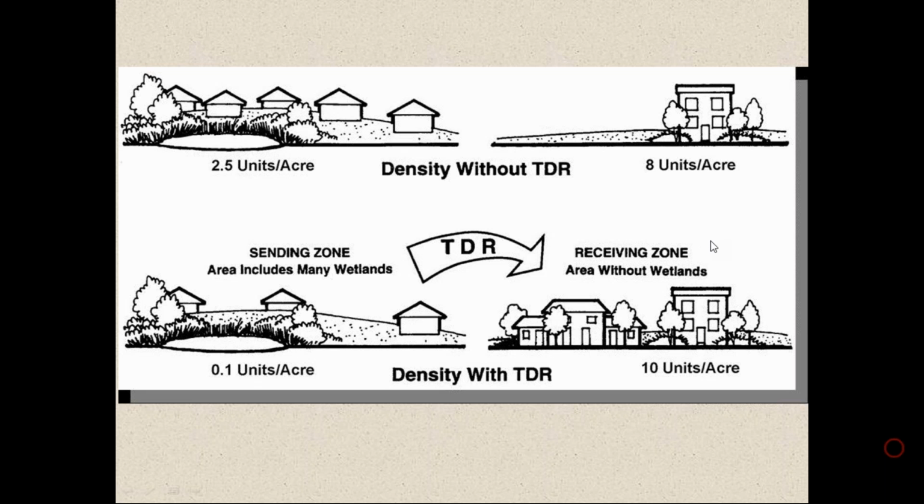And so by having TDRs, it preserves the outer areas and puts density and intensity into the inner areas. You need to know about TDRs because in the past exams, we're getting a fair number of questions on TDRs, specifically focusing on sending areas and receiving areas.